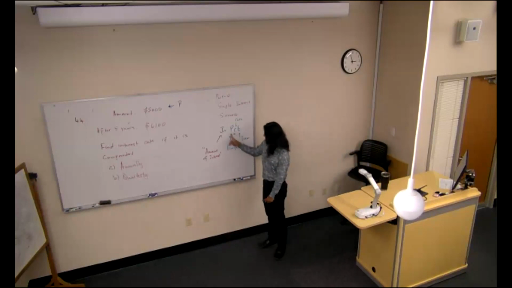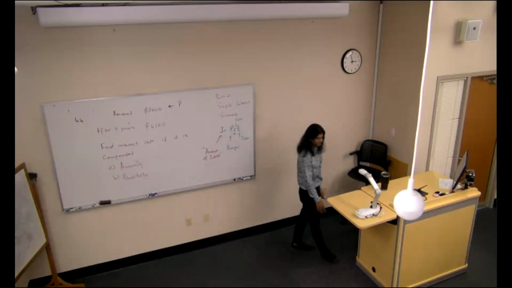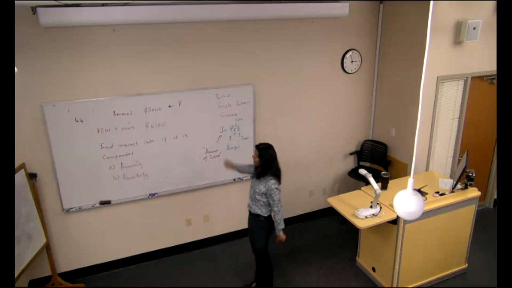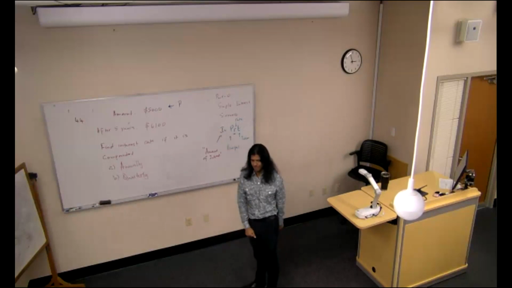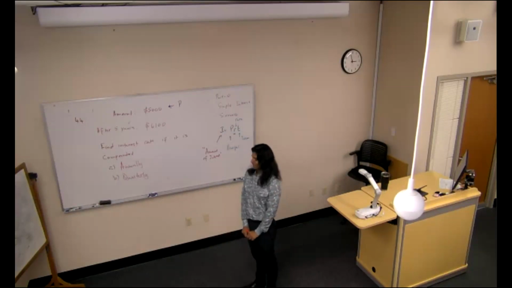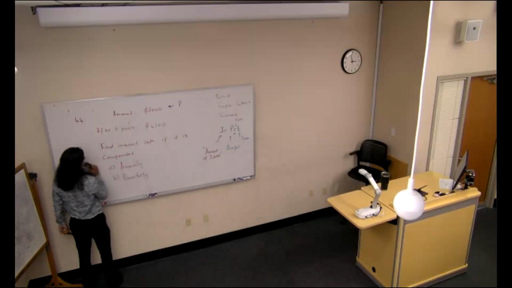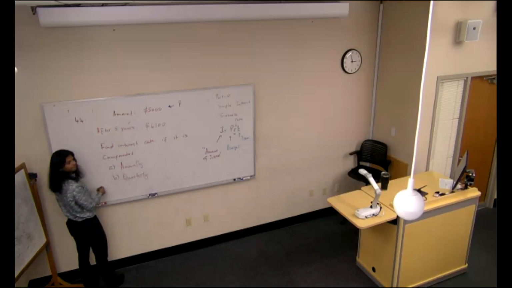So I know P, I know T. Do I know I, the interest, in this particular problem? 1,100, I don't even see 1,100 here. But you come up with that number. Subtract 6,100 and 5,000, very good. So subtract those two. Did we write this?